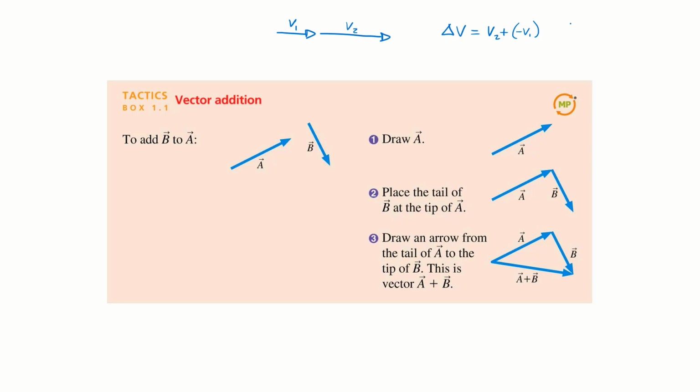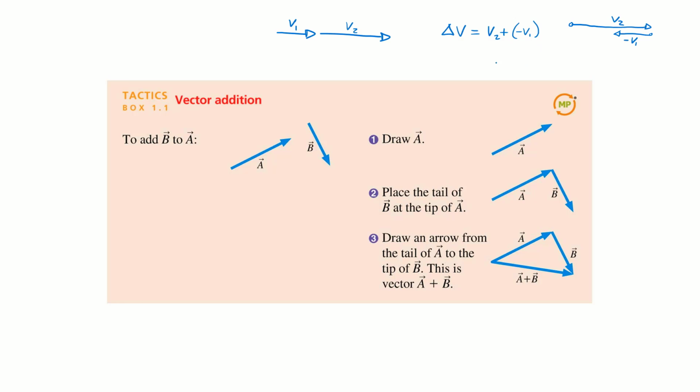And in this geometric representation, v2 is just v2, like that, and negative v1 is just the opposite direction of v1, so we would take the v1 vector and change the direction of it like that.